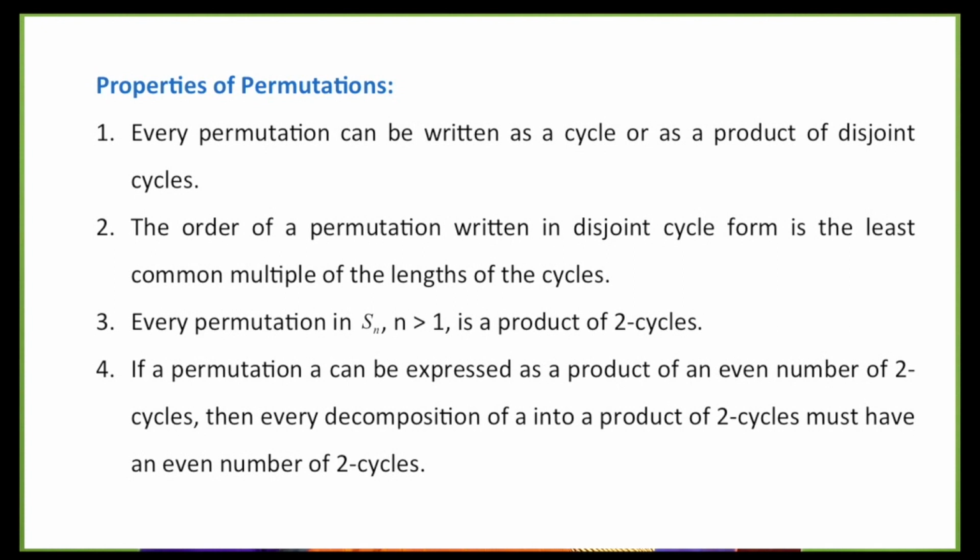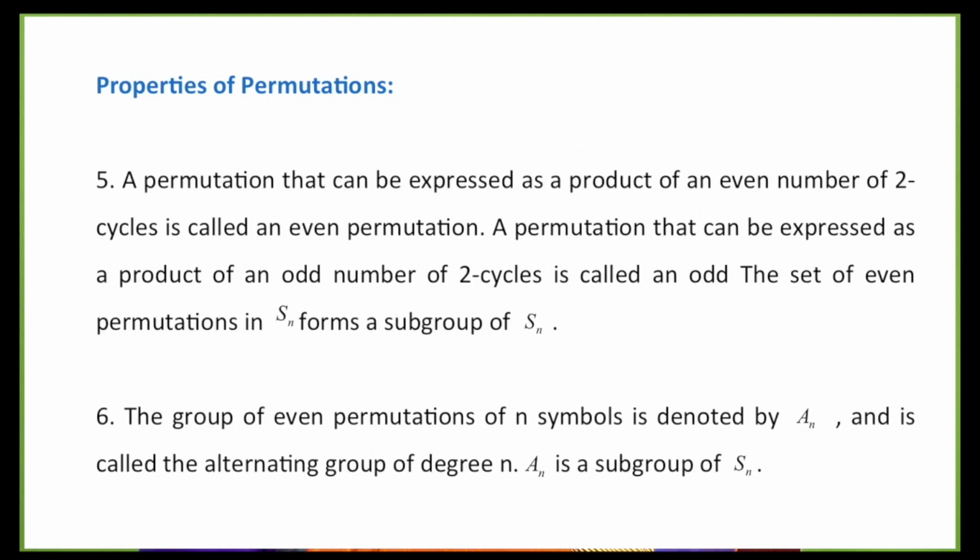Every permutation can be expressed as a product of 2-cycles. If a permutation can be expressed as a product of an even number of 2-cycles, then every decomposition of it into a product of 2-cycles must have an even number of 2-cycles.